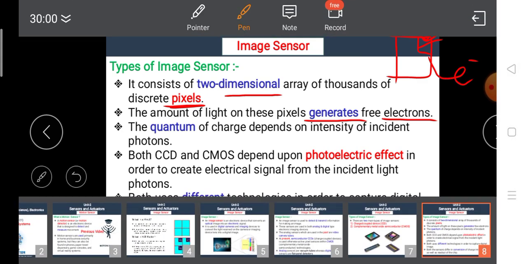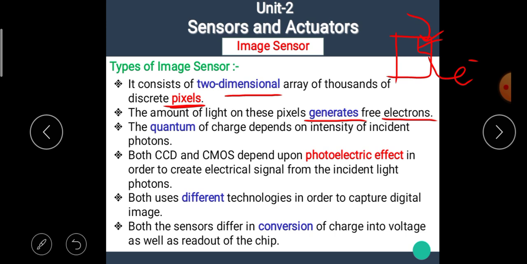Okay, the quantum of charge depends on the intensity of incident photons. Both CCD and CMOS depend upon the photoelectric effect in order to create electrical signal from the incident light photons.